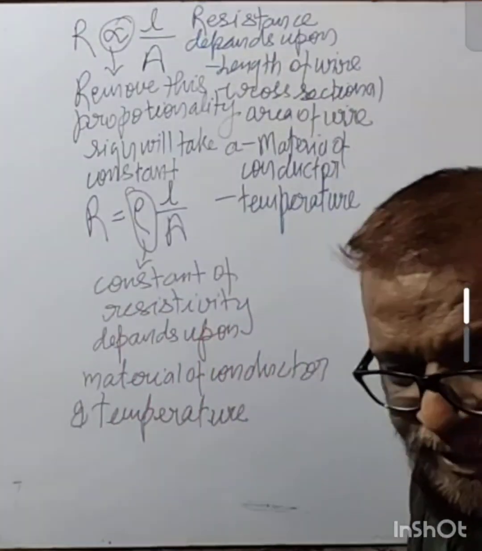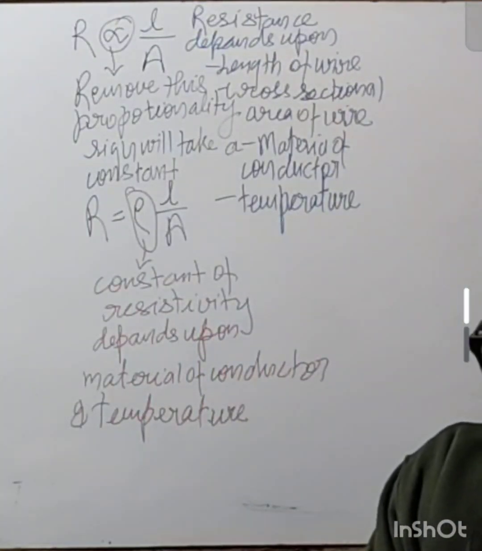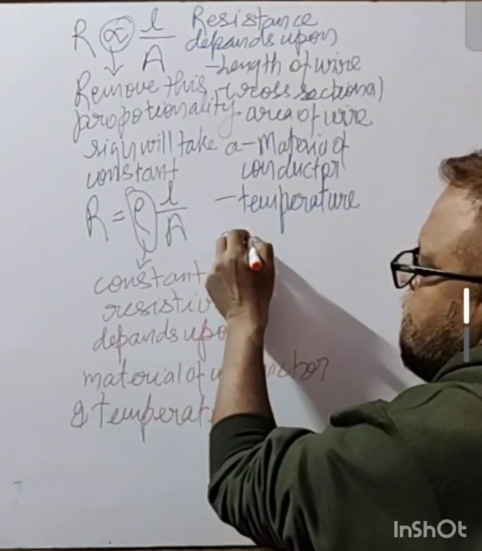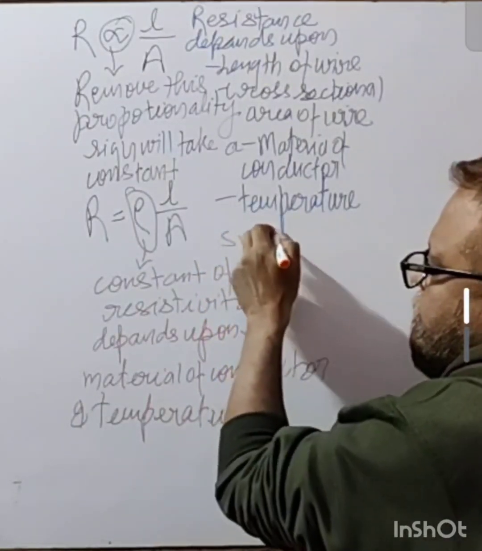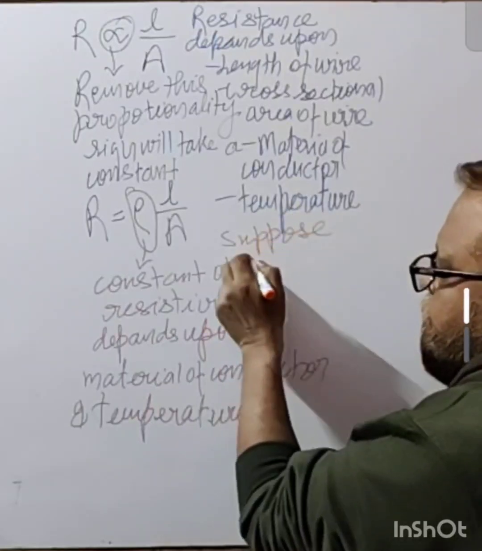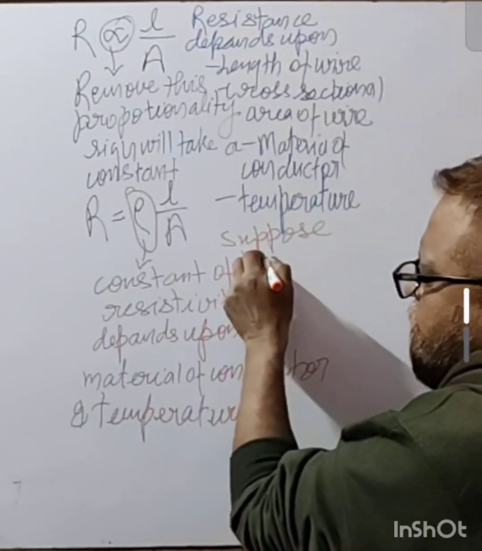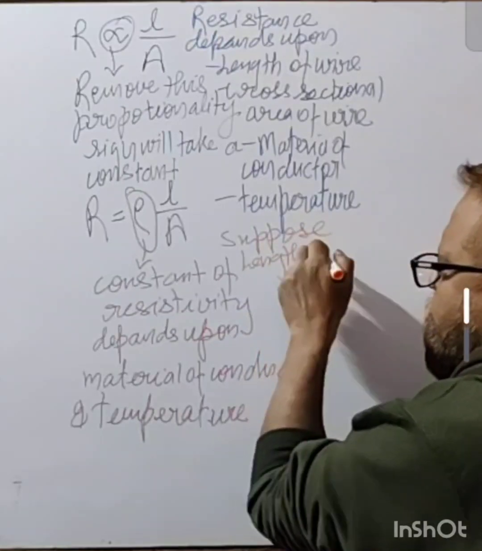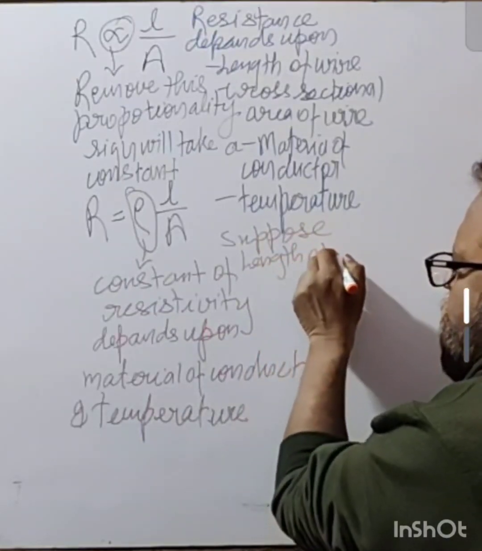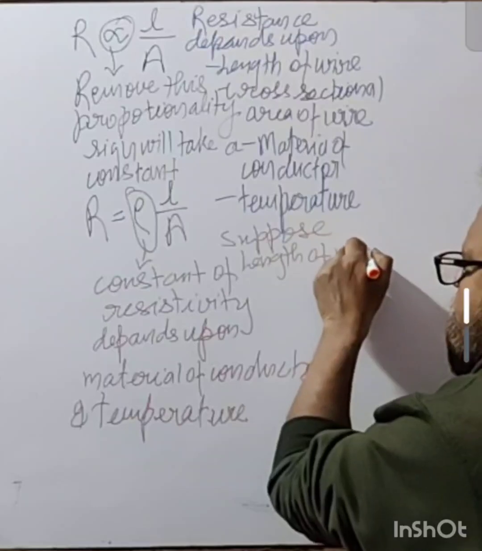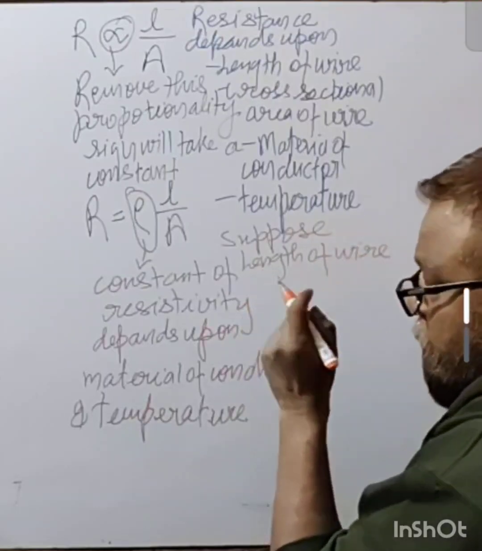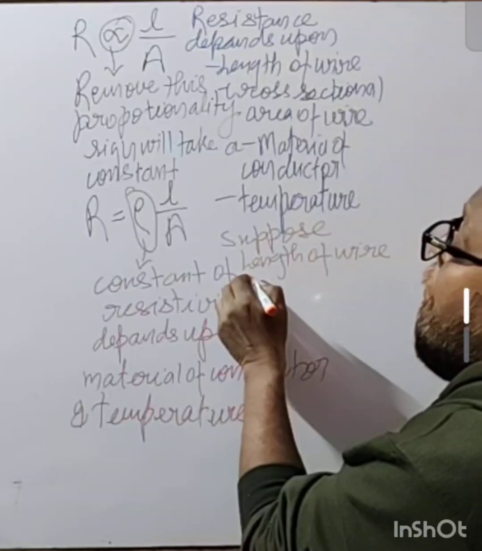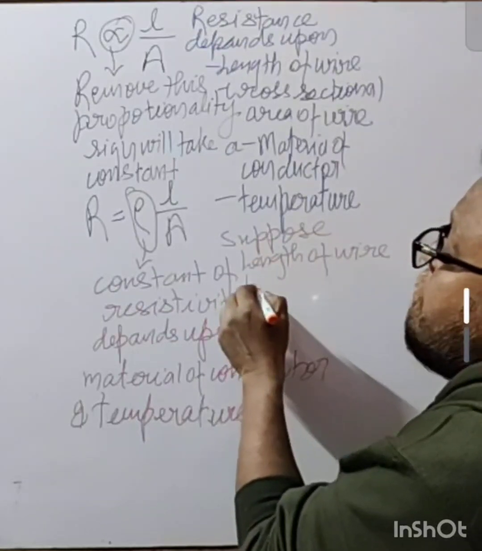Suppose there is a condition. Suppose the length of wire becomes 3 times.